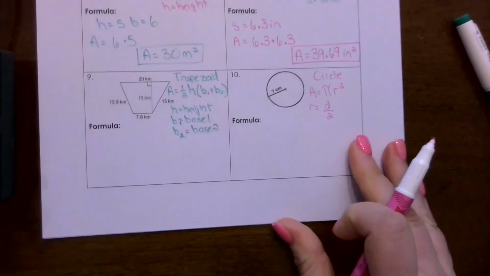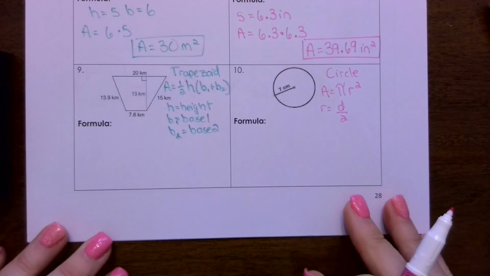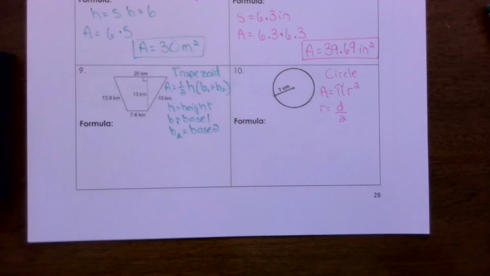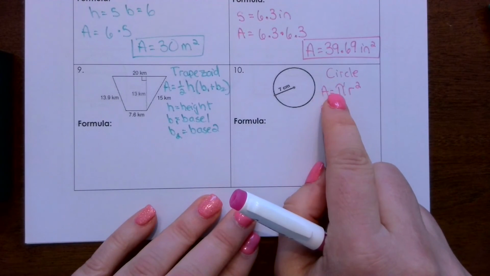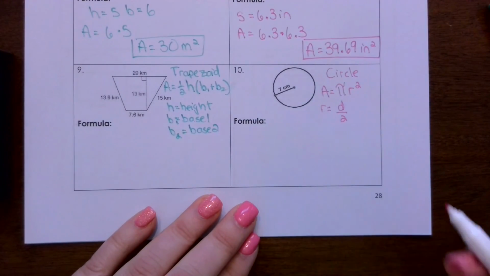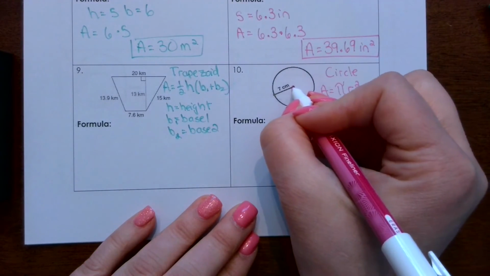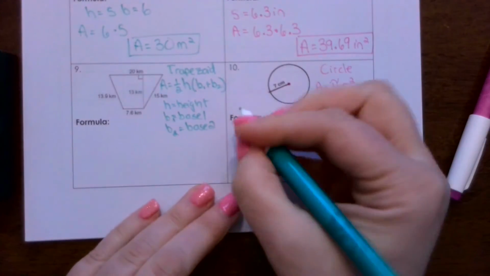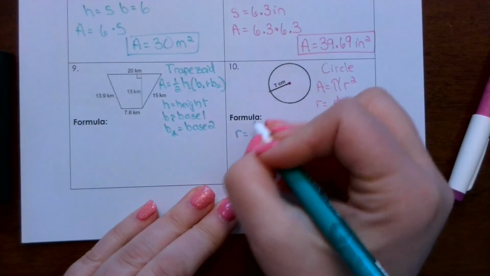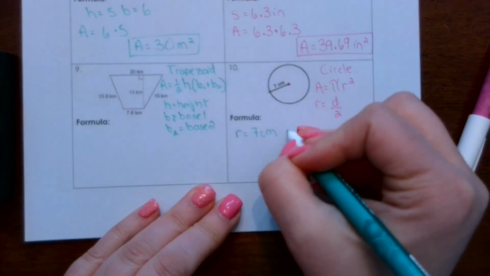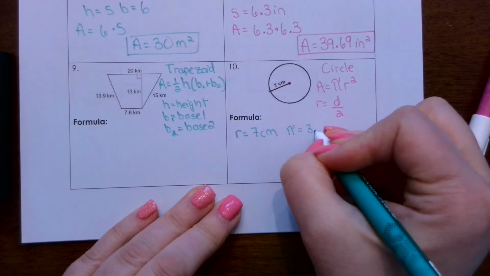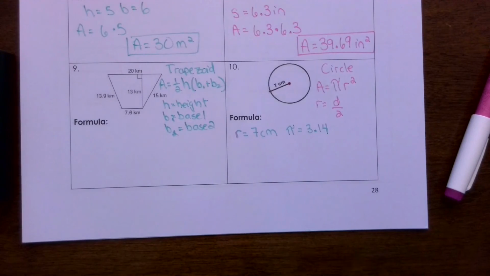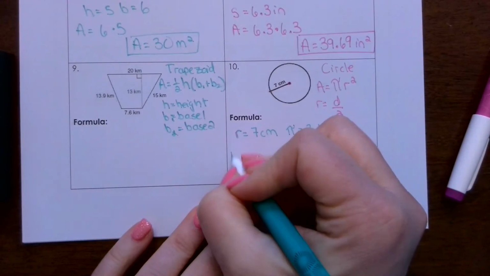I think I'm going to do the circle first because I like to leave trapezoid for last. Let's take a look at this formula. Pi times r squared. Well, I know the radius goes from the center to the outside, so my radius is there. I'm going to use the green for contrast, it is 7 centimeters. And we're going to use 3.14 for pi. So let's put this into the formula.